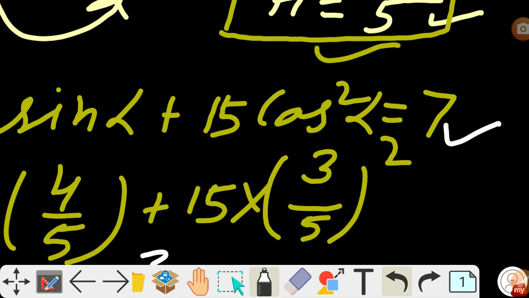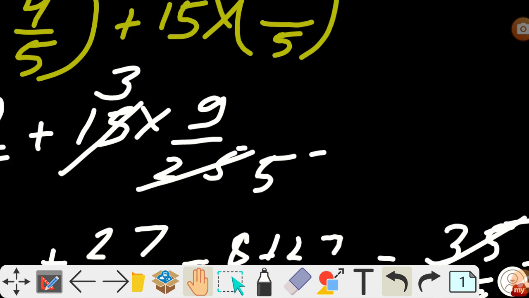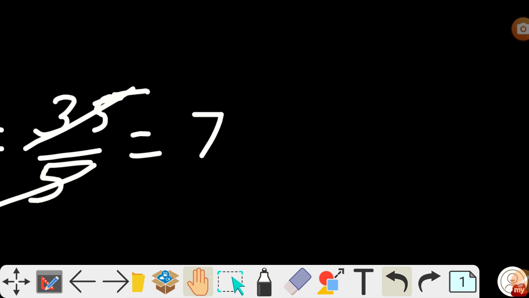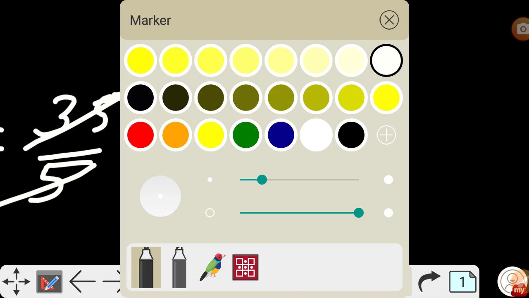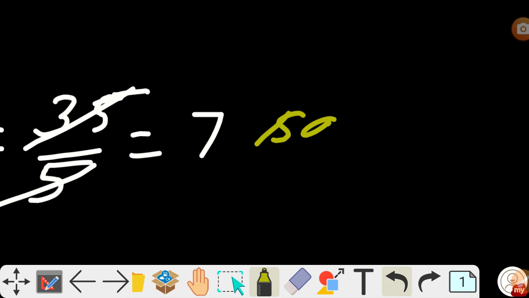It means the condition is satisfied. Then option A is correct.